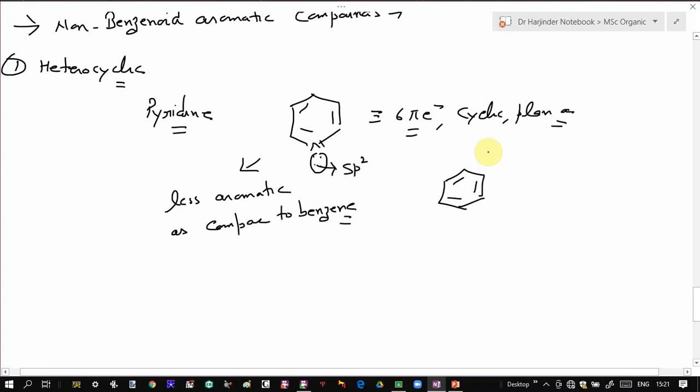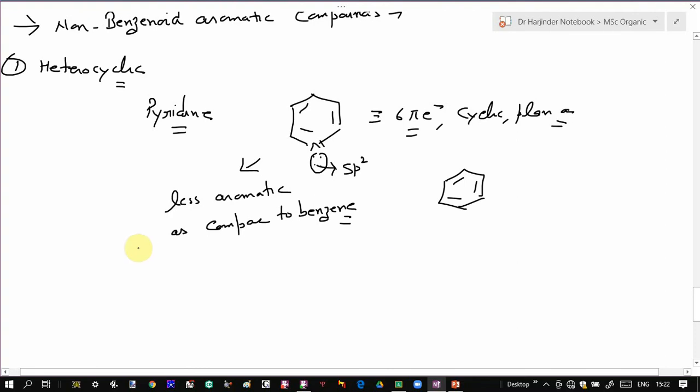Since nitrogen is more electronegative than carbon, it holds these pi electrons more strongly. Therefore, these pi electrons are not as free to delocalize as in benzene, where only carbon is present. So due to the electronegativity of nitrogen, pyridine is less aromatic as compared to benzene.